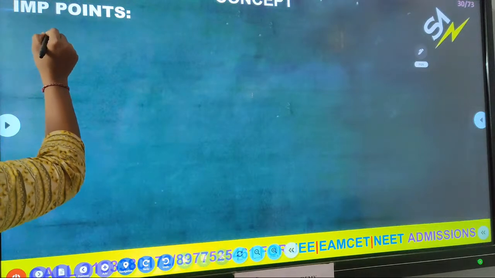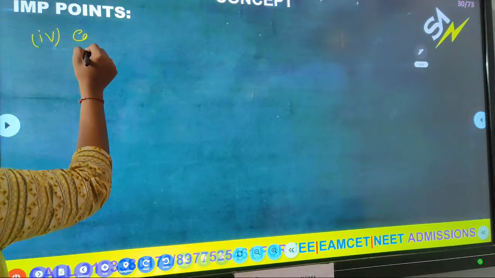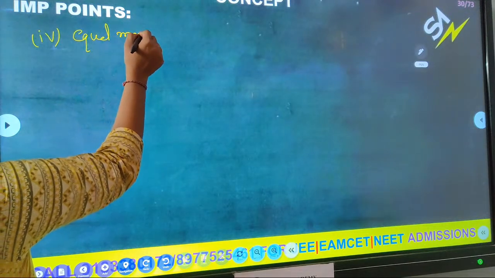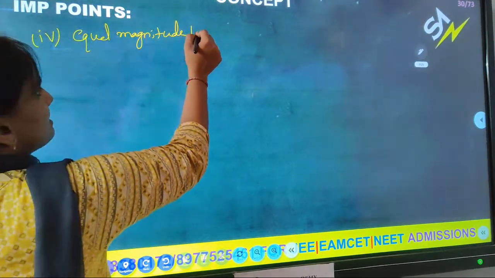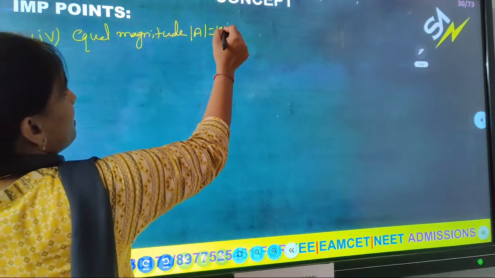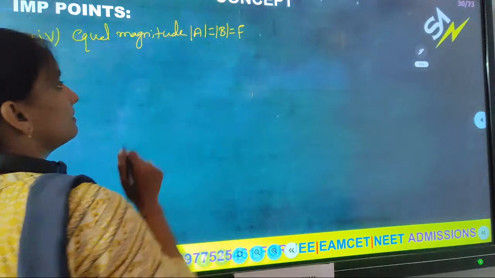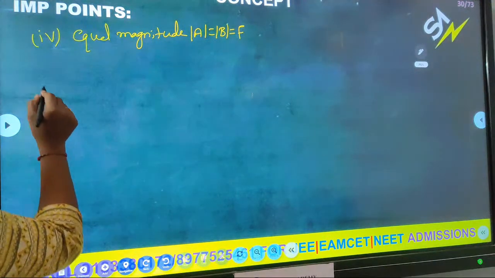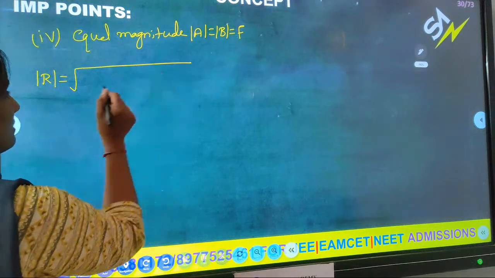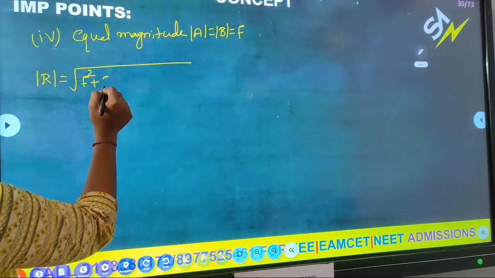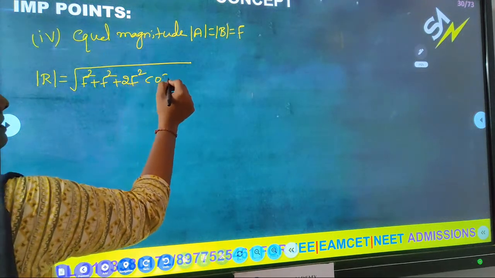Next, let us see one more case about the parallelogram of vector addition. If we are given vectors of equal magnitude, meaning magnitude of A and magnitude of B are the same, let us say that value is F, then the magnitude of the resultant will be under root of F square plus F square plus 2F square cos theta.